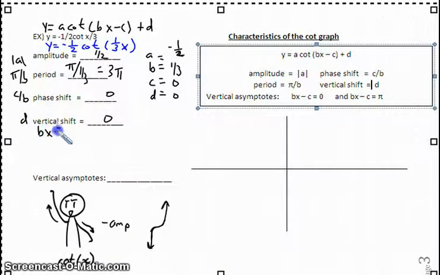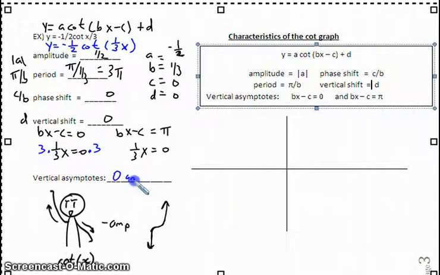So my vertical asymptotes would be bx minus c equal to 0 and equal to pi. In this case, my bx minus c is 1/3 x. So to solve this for x, I would multiply by 3, and I'd get 0. Multiply by 3 over here, I set it equal to pi.